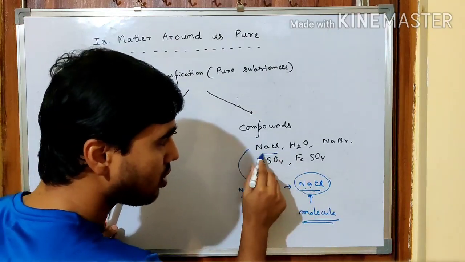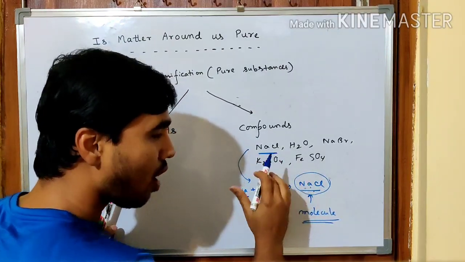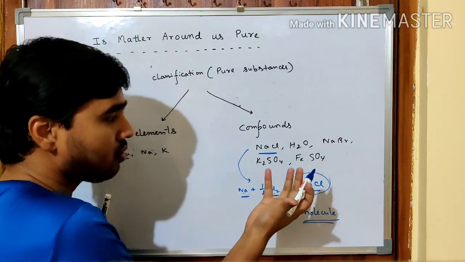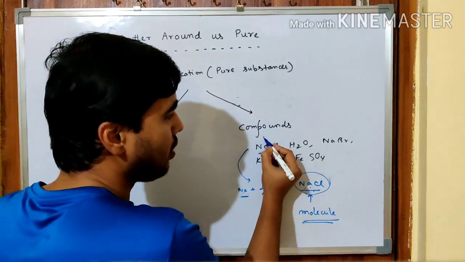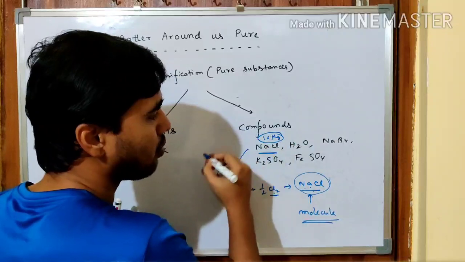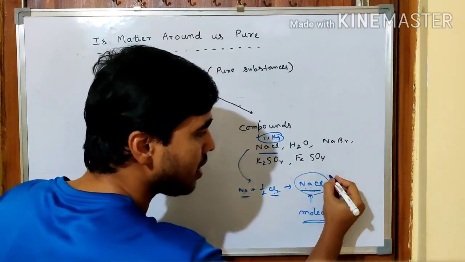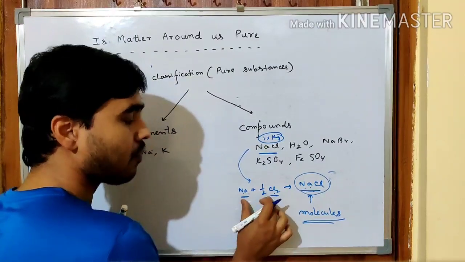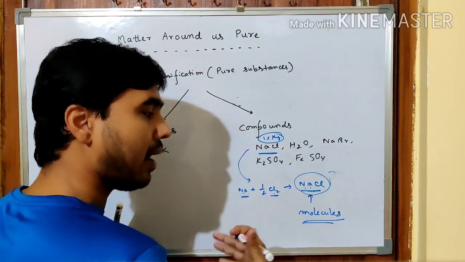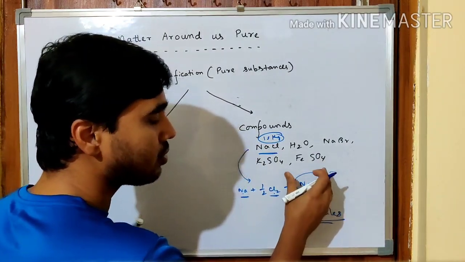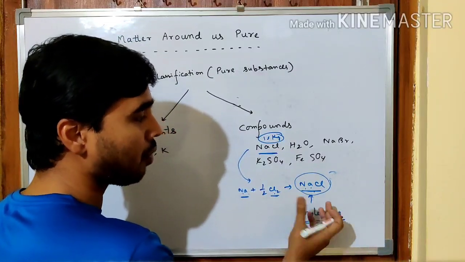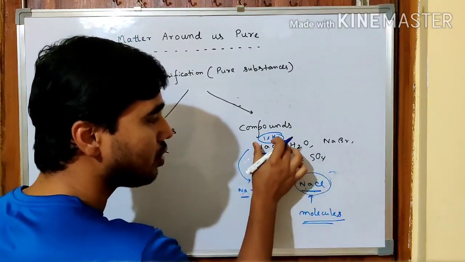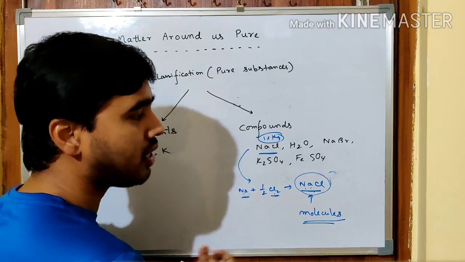So throughout the compound that you have taken, suppose you have taken 15 kg of sodium chloride, only NaCl molecules will be present, because once the atoms are converted to molecules by any means, the molecules will have a new chemical property, and that is present throughout the amount that you have taken.